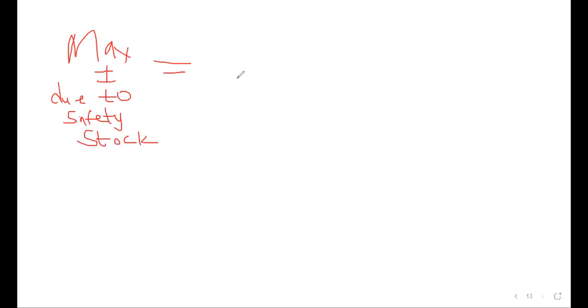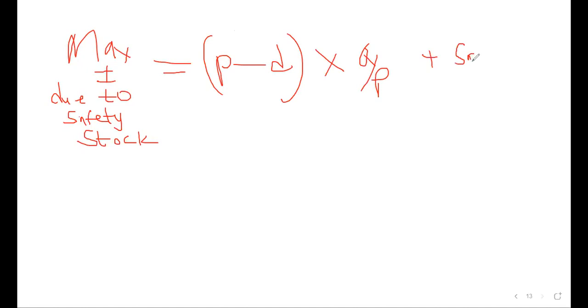Please take note. So P minus D multiplied by Q over P, then plus safety stock. A safety stock is a stock that is there to cushion on demand units.